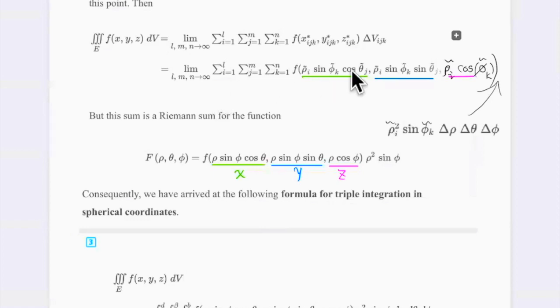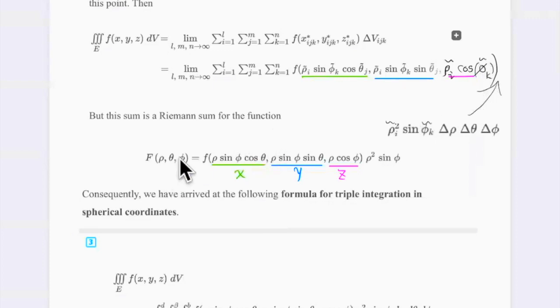But this sum over here is a Riemann sum for this function of rho, theta, and phi. Remember, when L, M, and N go to infinity, this is going to be replaced by rho, replaced by phi, replaced by theta. And similarly, all of this replaced by rho, replaced by phi, replaced by theta.